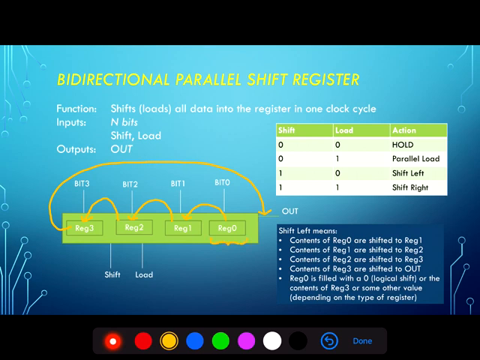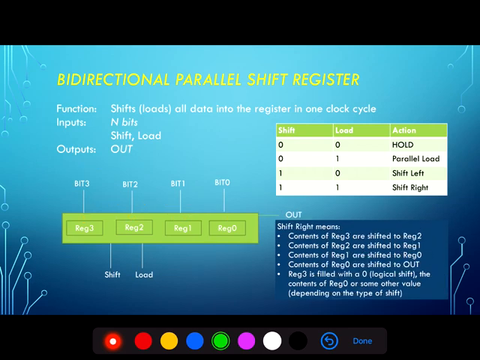Now that the value of register 0 is shifted to register 1, what goes on? Well, it depends what kind of shift left function we have. And one of the more popular functions is a logical shift, which means that the register that has been emptied will be reloaded with a 0. So in a logical shift, register 0 will be loaded with a 0 and hold a 0 until something else happens in the next clock cycle.